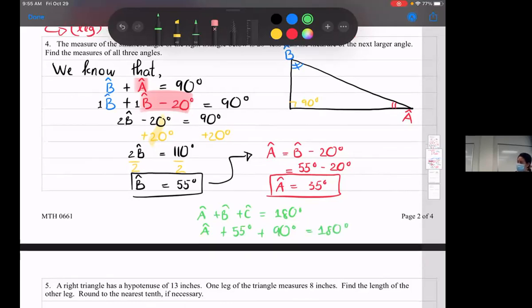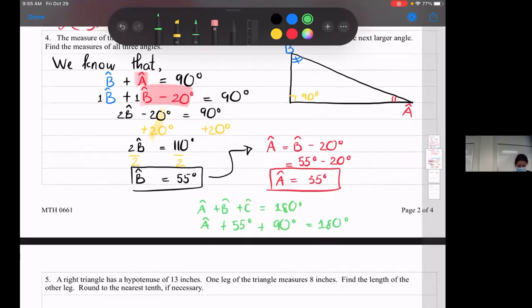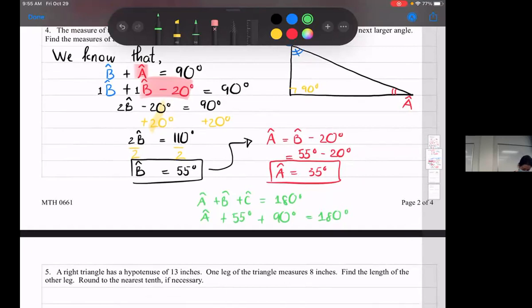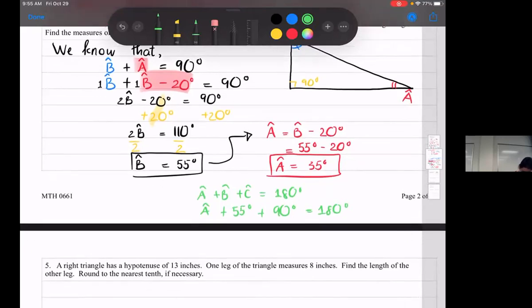And then you solve for A from here. So A plus 145 degrees equal 180. And now you solve for A, which is 35. So that's a different way of doing it. You don't have to show both, just do one.